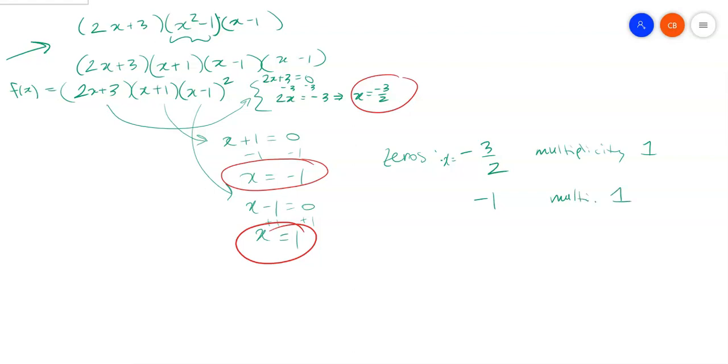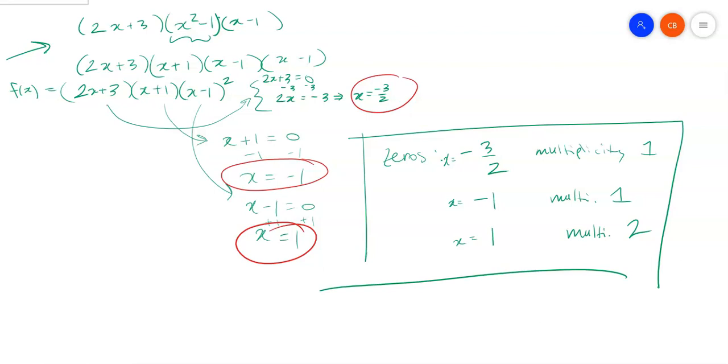And then this factor that gave us the zero of 1 is squared. And so x equals 1 is a zero with multiplicity of 2, because this power over here was squared for that term. And so x equals these ones. These are the zeros. This would be our final answer for this problem, the zeros with the multiplicities.